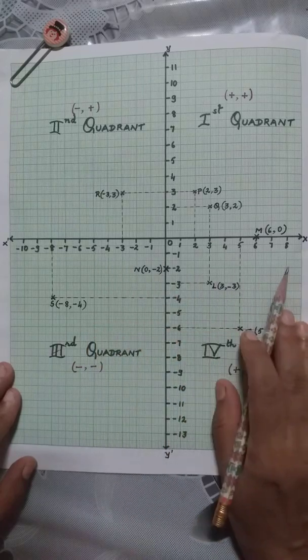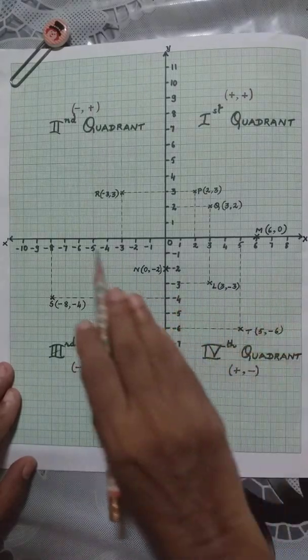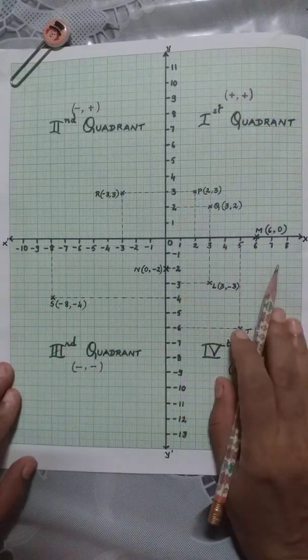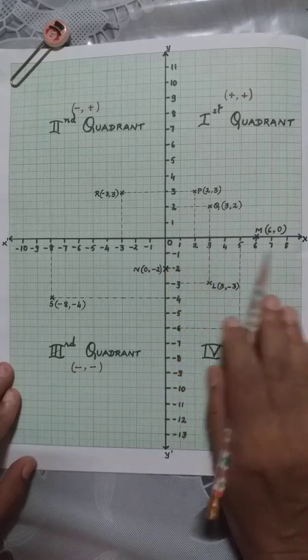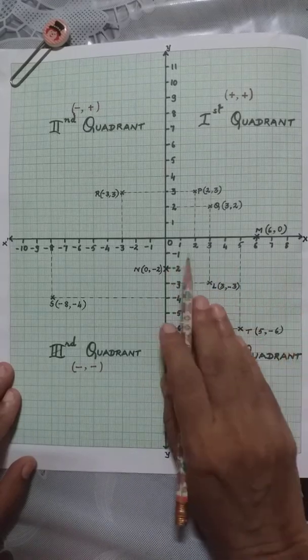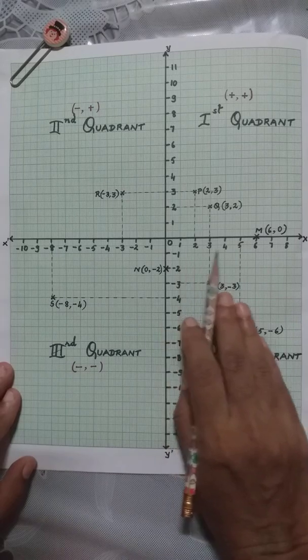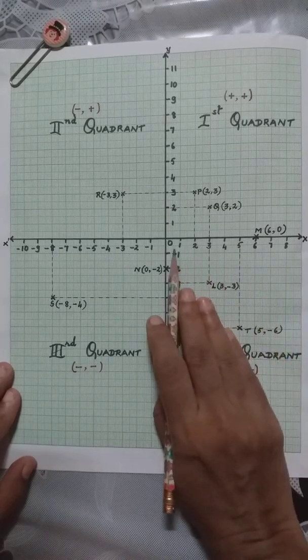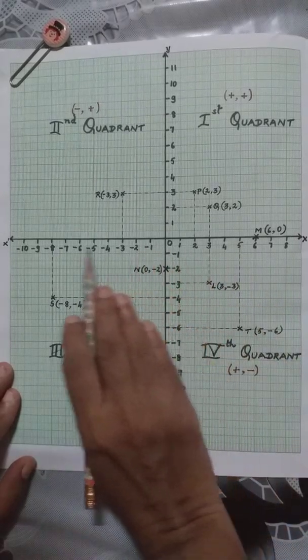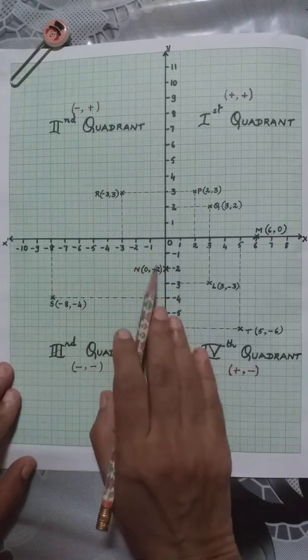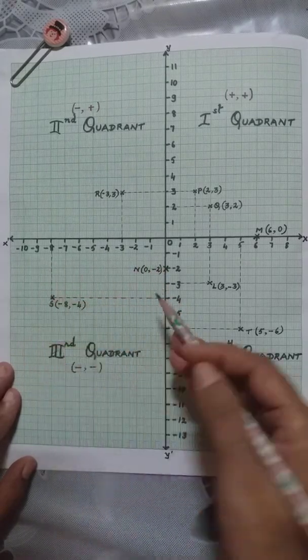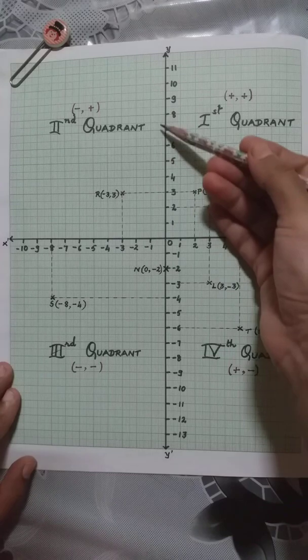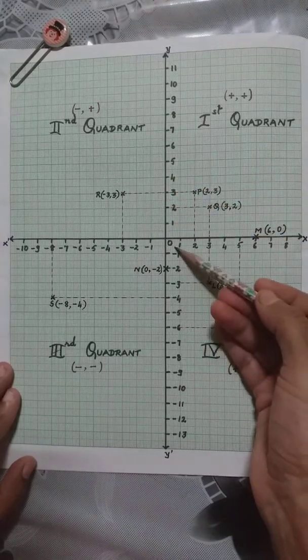So what can we conclude now? That on the x-axis, to the right side of the origin we have the positive numbers, and on the x-axis to the left hand side we have the negative numbers. Now the same thing happens in the y-axis.